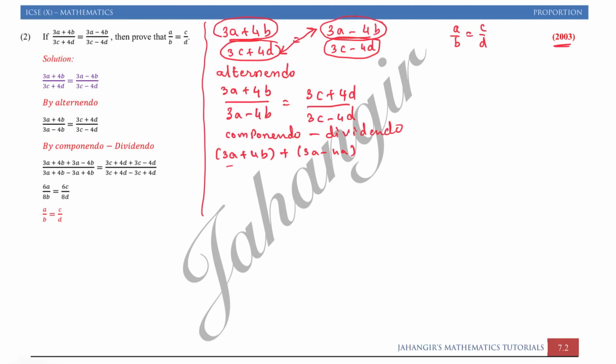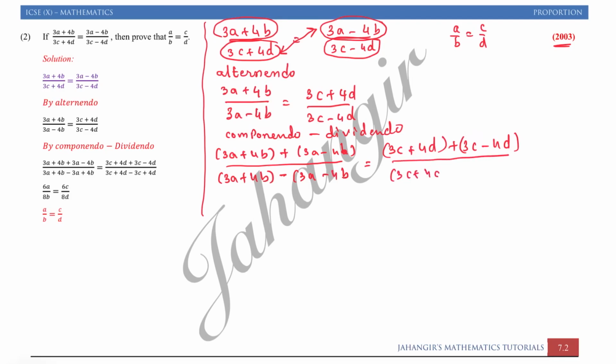If possible, write it in brackets, over (3a plus 4b) minus (3a minus 4b), is equal to, same way on the right side, (3c plus 4d) plus (3c minus 4d) over (3c plus 4d) minus (3c minus 4d). Always the numerator should be first and then the denominator.